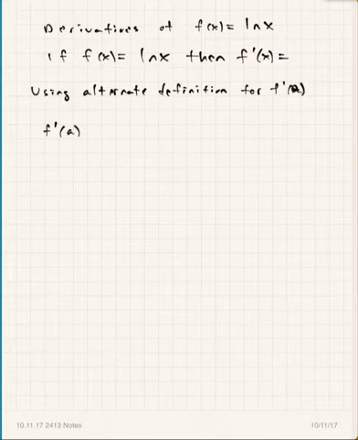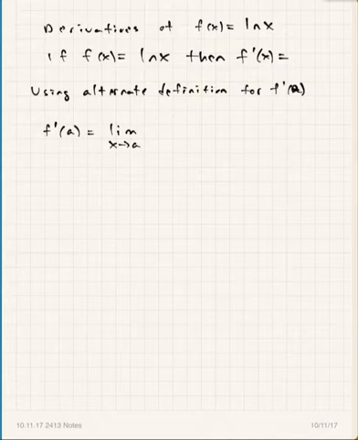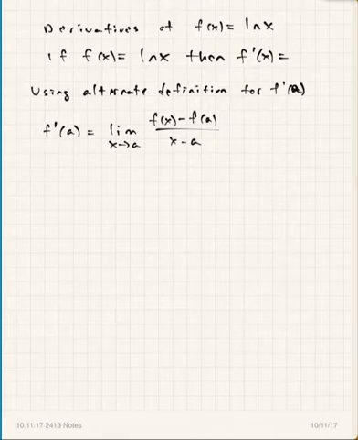F prime of a would be the limit as x approaches a of f of x minus f of a over x minus a. So remember, that's our definition for a derivative at a point.